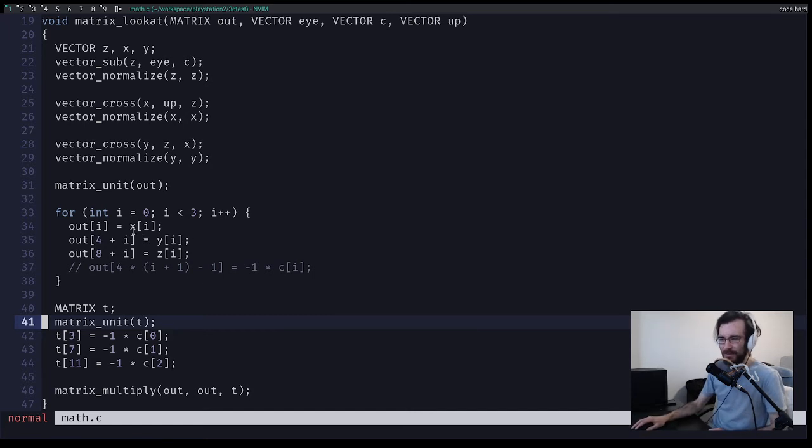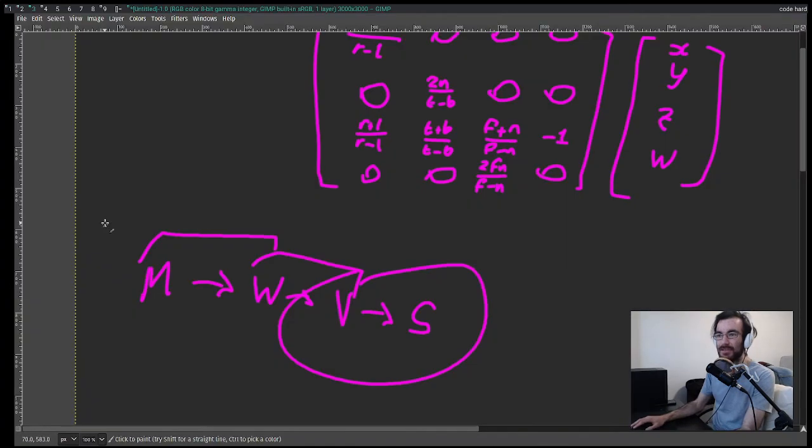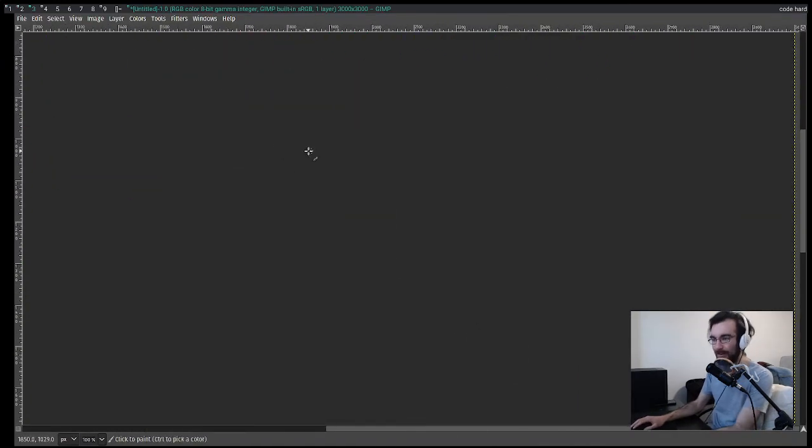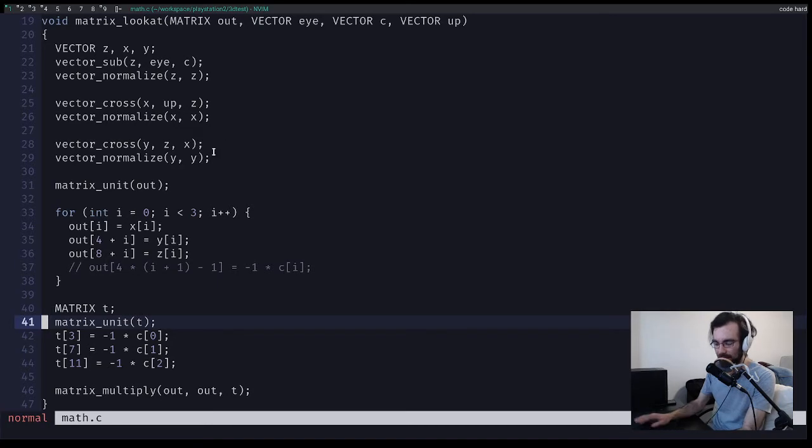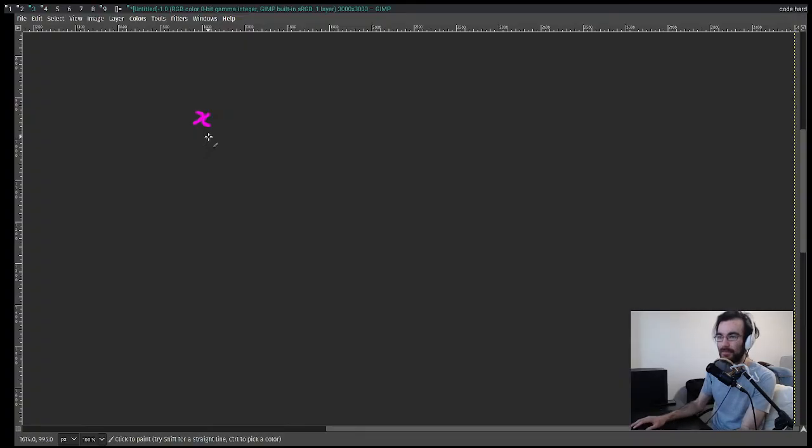If we imagine what this looks like, coming back into our friendly drawing pad, we have x0, y0, z0, x1, y1, z1, x2, y2, z2, and then we're just filling the rest out with zeros except for this one.